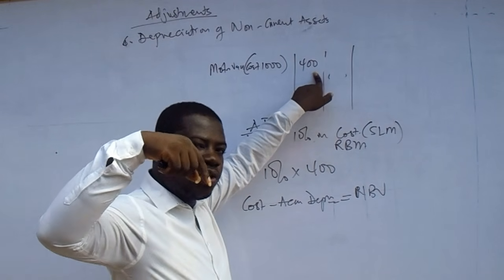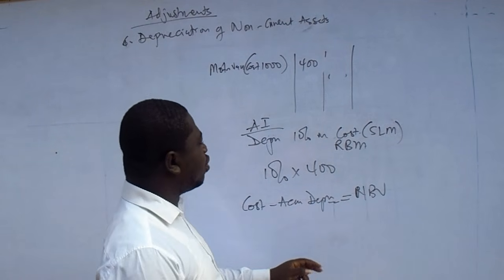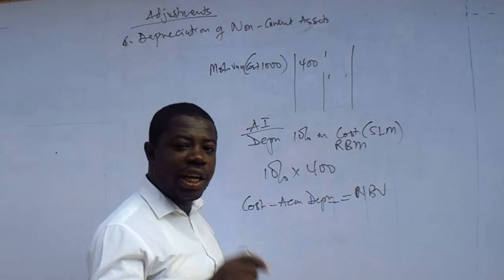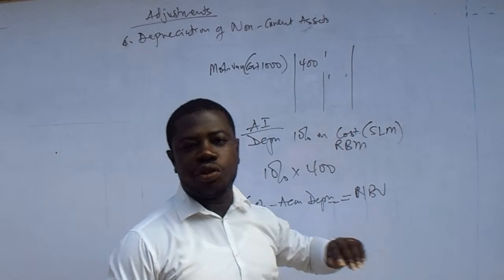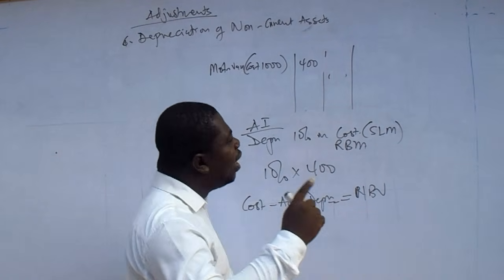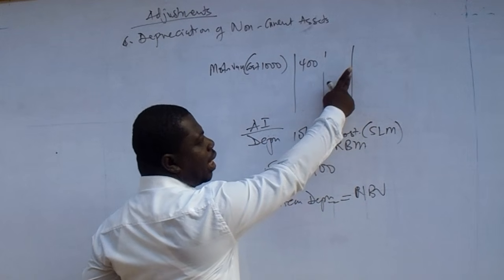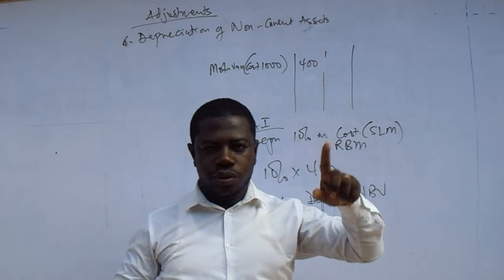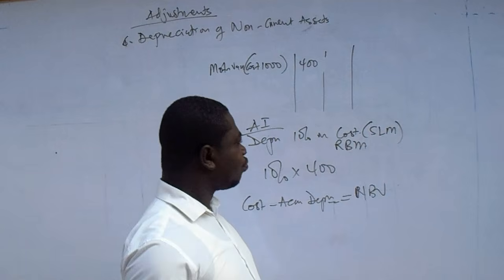The depreciation rather was not given. When you are asked to calculate on cost, you calculate on the 1,000. If you are asked to calculate on the reducing balance method, you calculate straight away on the 400 because it has already been netted for you. Accumulated depreciation will be on the credit side, but if it is on the debit side like this, then it is the net book value. So let us know the difference.